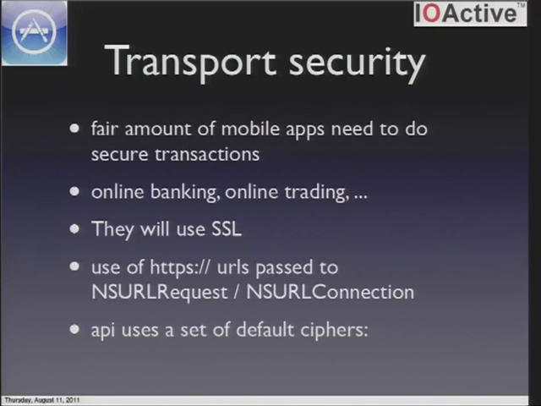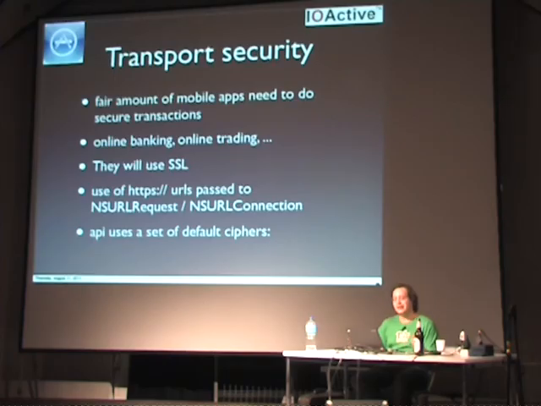Most of these apps end up using SSL because it's the easiest thing to do, and the SSL stuff is just embedded in the APIs, so you don't have to do anything really. This usually happens by using HTTPS links with NSURLRequest and NSURLConnection, and the SSL sort of happens for you.